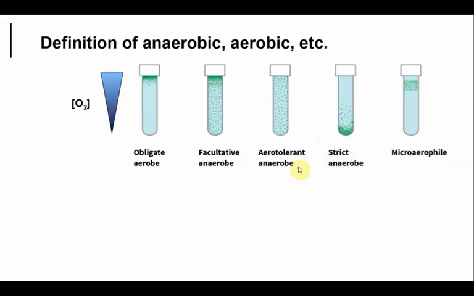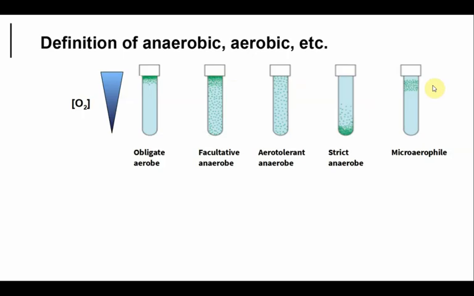Aerotolerant anaerobes will grow all the way up the tube, but they don't grow any better when oxygen is present. Facultative anaerobes can grow all the way up the tube, but they grow better when oxygen is present. So they can use oxygen when it's present, but it's not an absolute requirement. There are also some rather annoying bacteria called microaerophilic, which require oxygen.